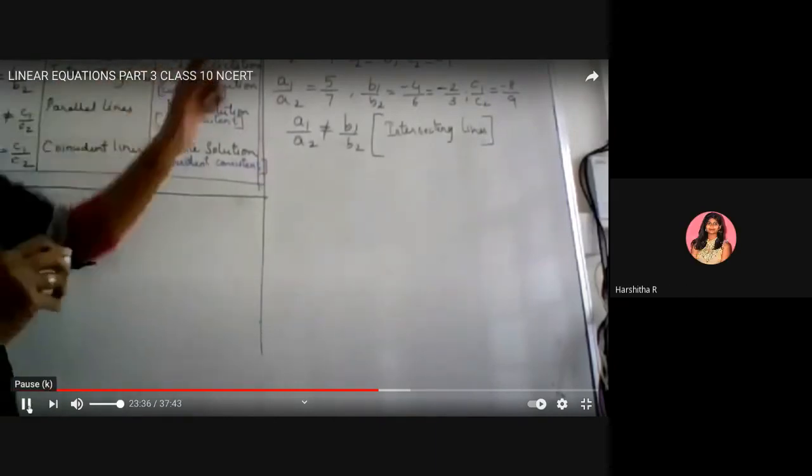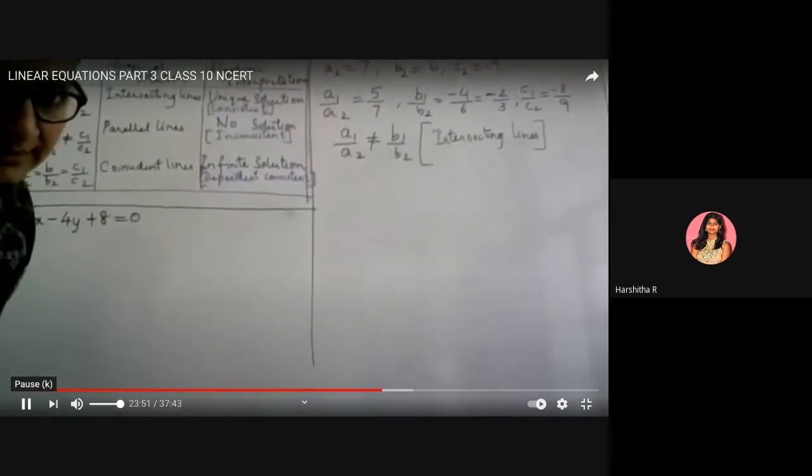The first set of equation I'm writing down here is 5x minus 4y plus 8 equal to 0. Like I have told you, you have to transpose and get x in terms of y or y in terms of x. So now I think division by 5 will be easy. So I will write it like this. 5x equals, I transpose both the negative 4y and the positive 8 to the other side.